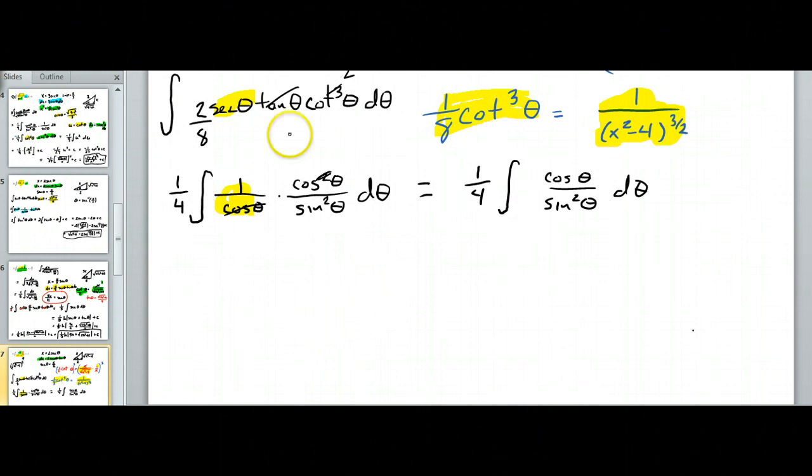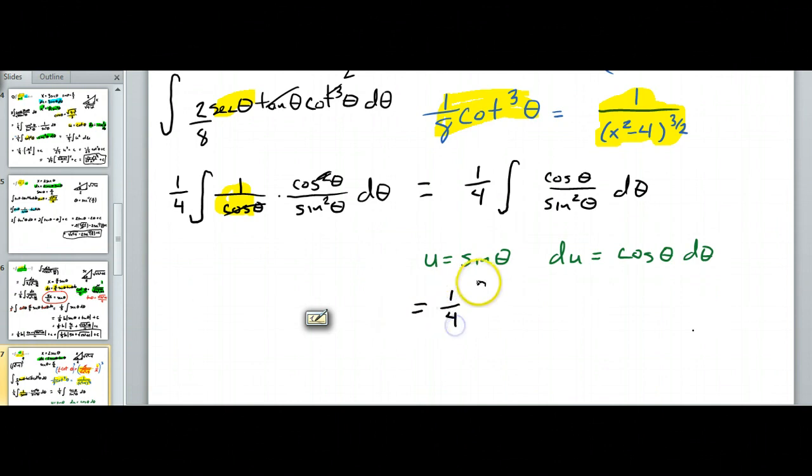Now it's time to do a U-substitution. So if I say that u is equal to the sine theta, that means du is equal to cosine theta d theta. Doing this substitution, on the bottom, sine is u, so u squared, and then cosine theta d theta is du.